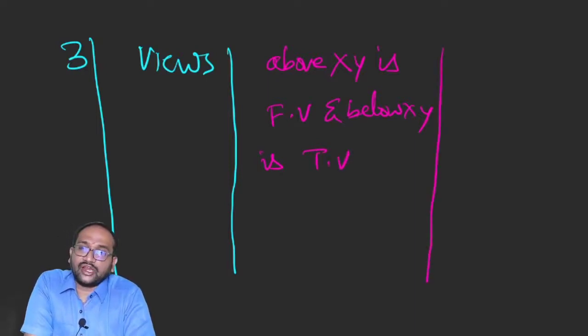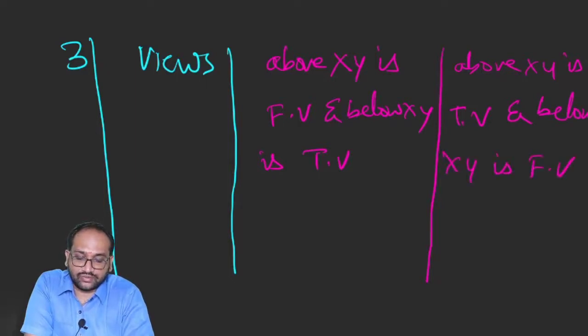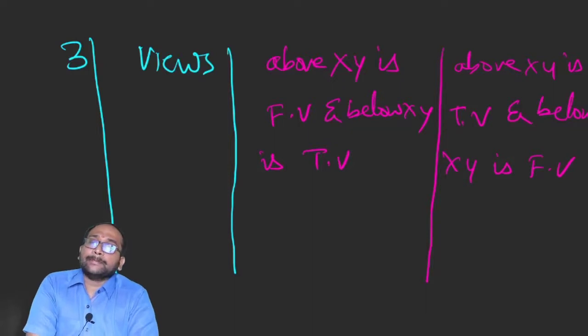Similarly, in third angle projection, above XY is top view and below XY is front view. These are the main differences between first angle and third angle projection.